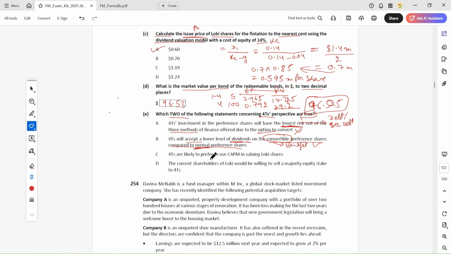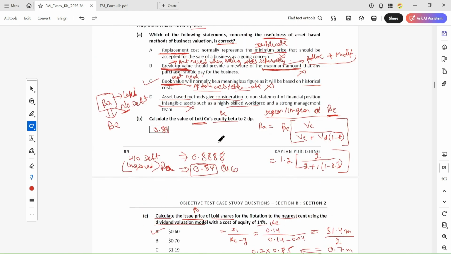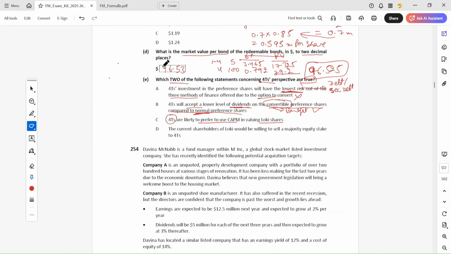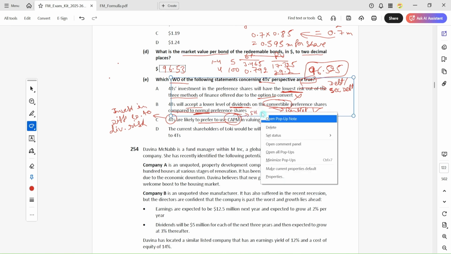The next is: 40 is likely to prefer to use CAPM in valuing Loki's shares. 40 is a venture capital company, and generally venture capital companies invest in different companies to diversify risk.